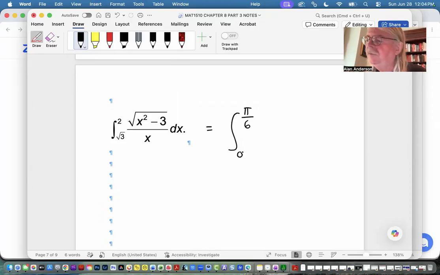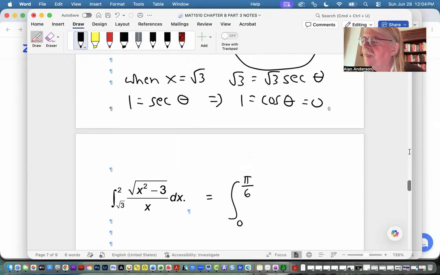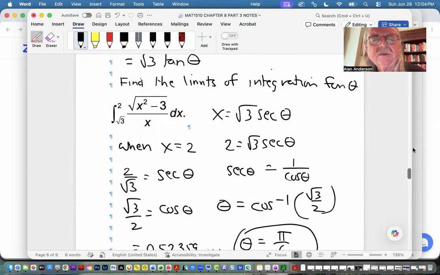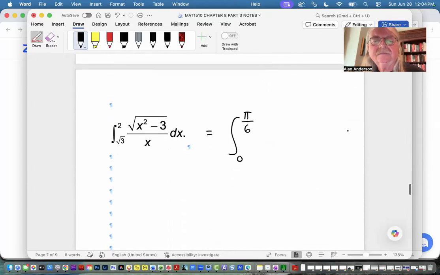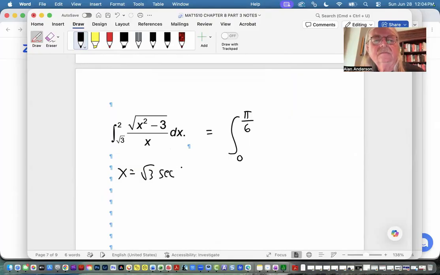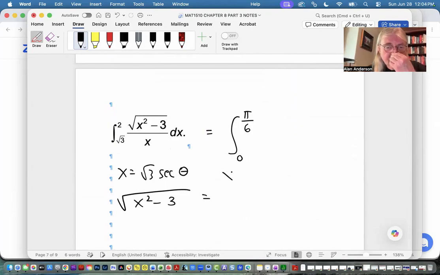So if you remember, we have several definitions here. X is radical 3 secant theta. And we know that x squared is 3 secant squared theta.